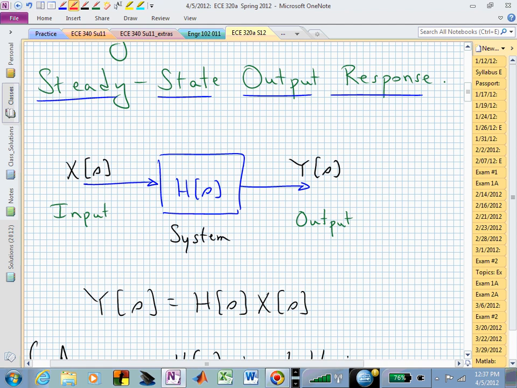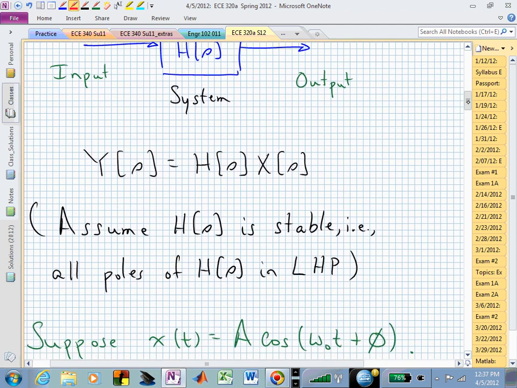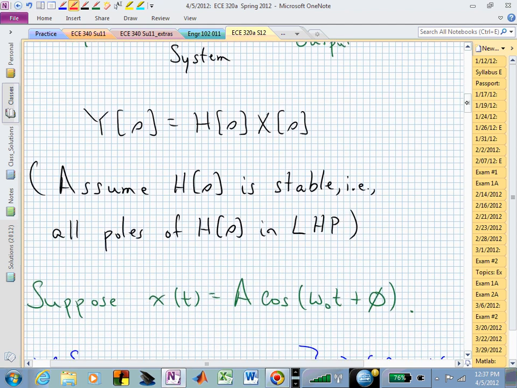You then apply an input, which, if you can Laplace transform it, gives you this capital X of S. In the frequency domain, we simply multiply the system's transfer function by the signal's transform to obtain the transform of the output waveform. That gives us capital Y of S. Once we have Y of S, in this case, we are going to assume H of S is stable.